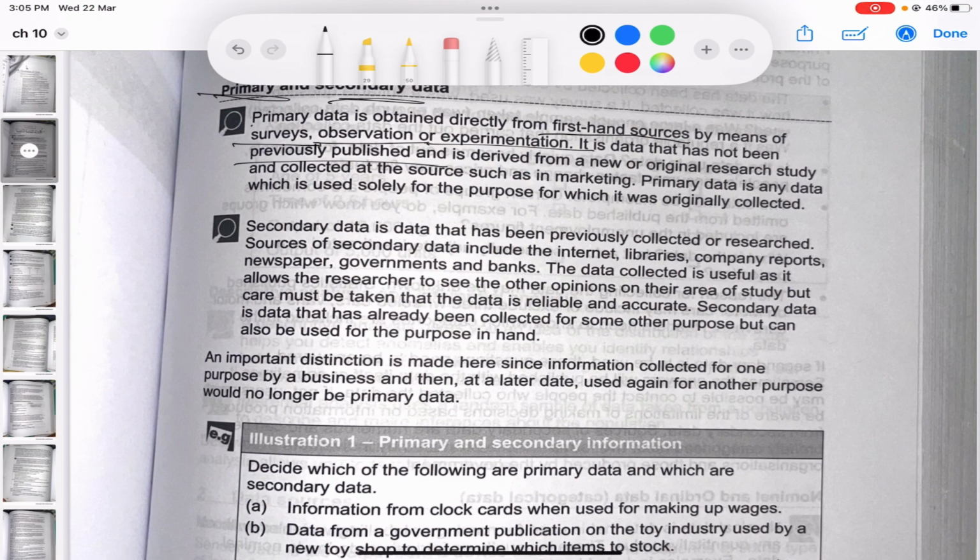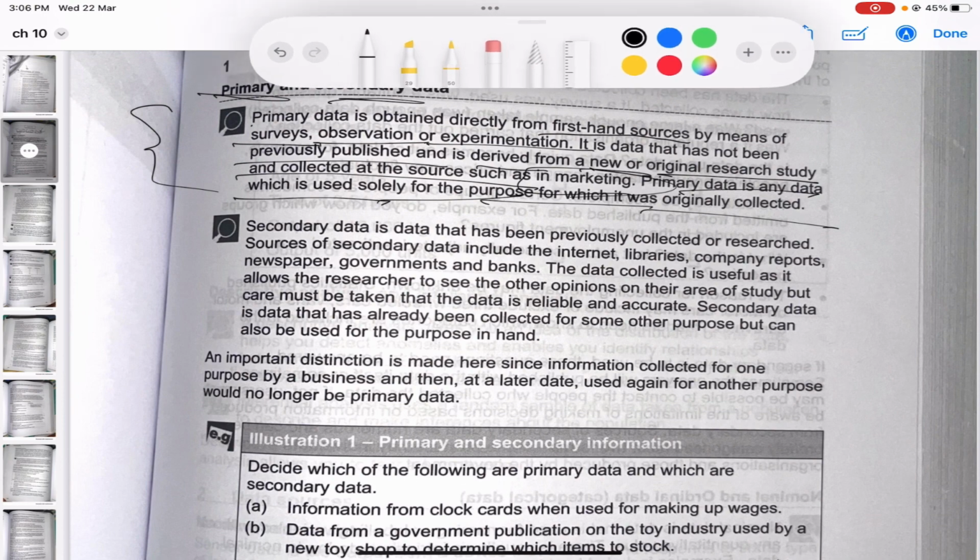It hasn't been published anywhere before. It is derived from a new or original research study and collected at the source, such as in marketing. Primary data is any data which is used solely for the purpose for which it was originally collected. So for the original reason you collected it, you have used it only for that. Okay, so that is primary data.